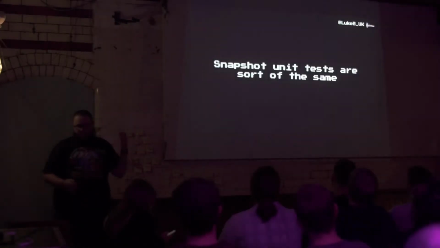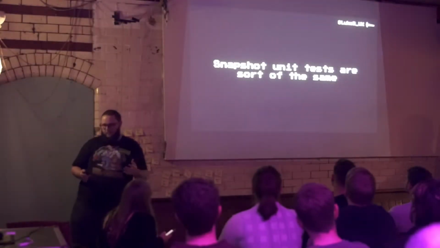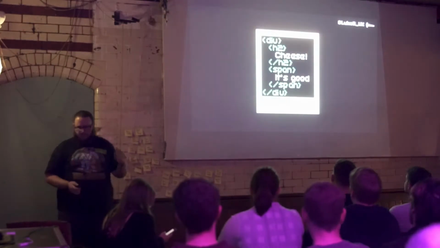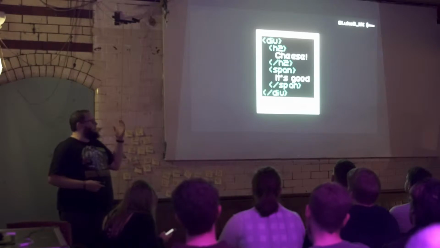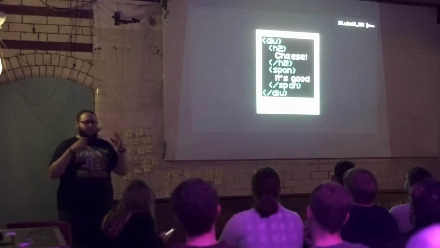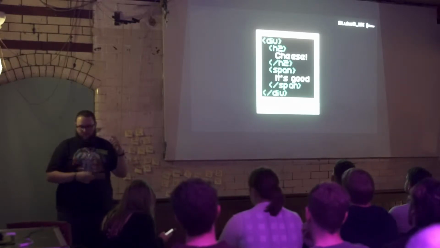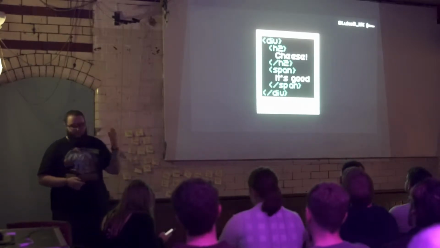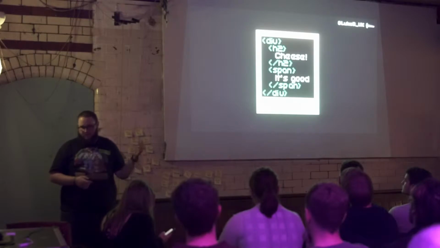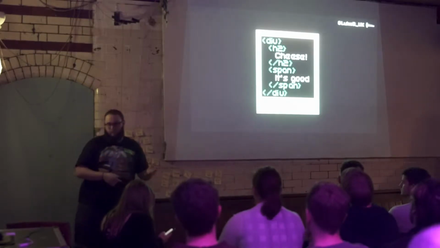Snapshot unit tests are sort of the same, but done with code. When you first run the test, it generates the output of a piece of code, formats it in a predictable way, and saves it alongside your tests. You commit it into source control.